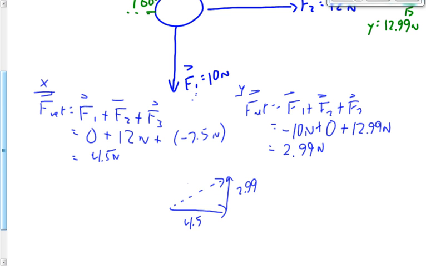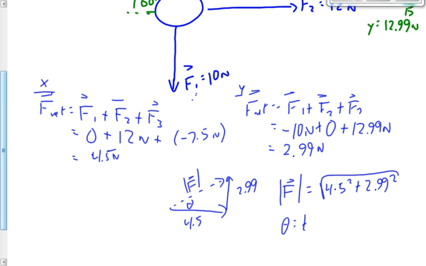We want to find that force, and we want to find that angle. Let's say F is equal to the square root of 4.5 squared plus 2.99 squared. And then theta is equal to the inverse tan function of opposite over adjacent. Is that good? What's that answer going to be, by the way, for F?